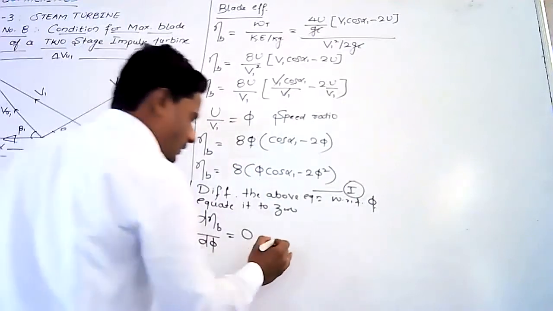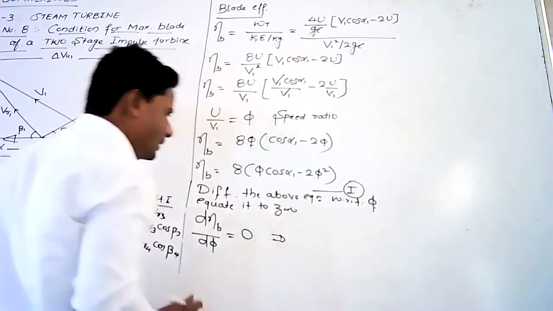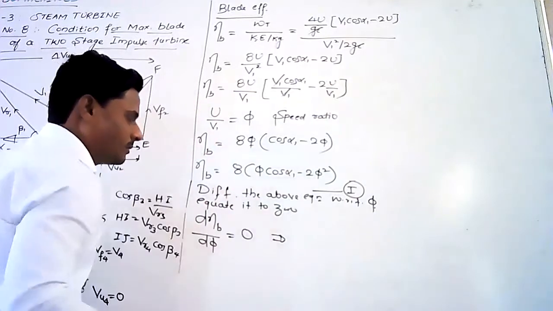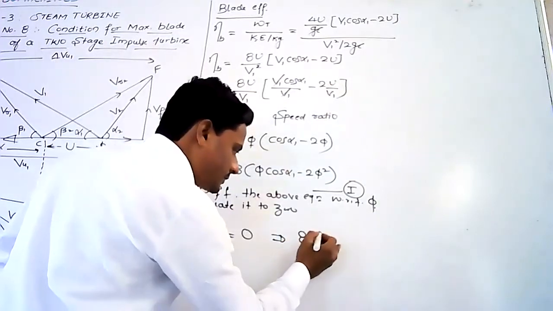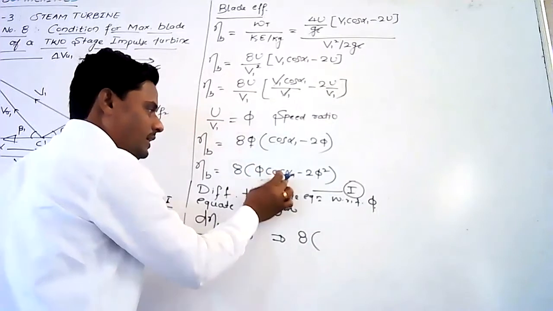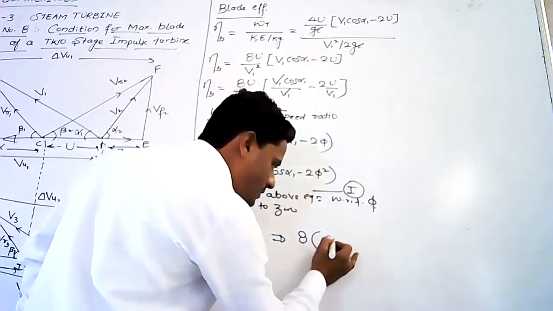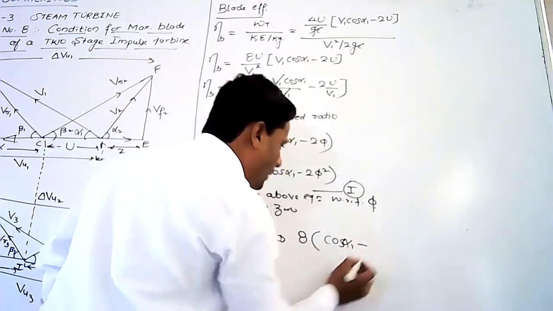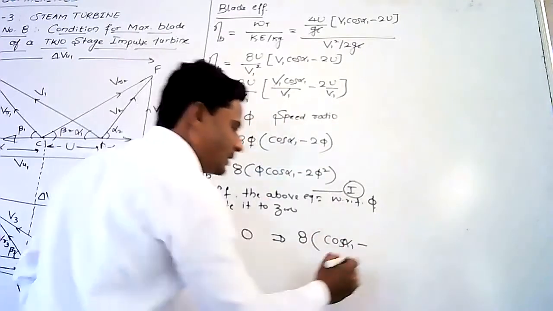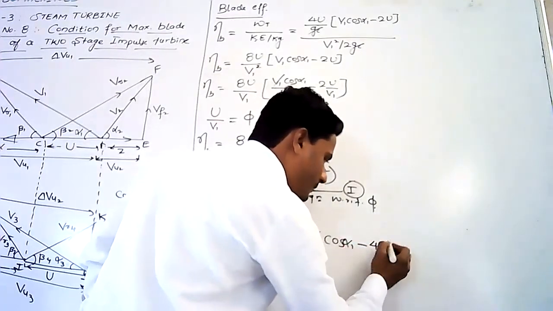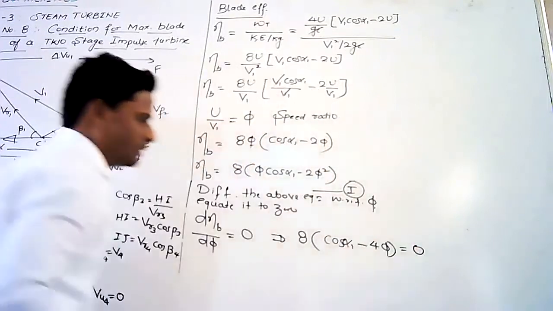Which implies the differentiation of this complete term: 8 as it is, into the differentiation of phi cos alpha 1, since cos alpha 1 is a constant term, minus 2 phi square, that is 4 phi, which is of course equal to 0.